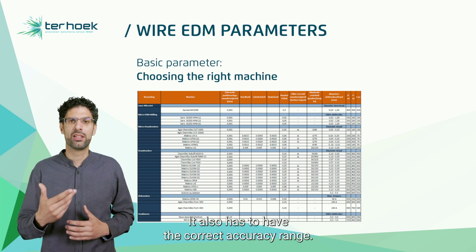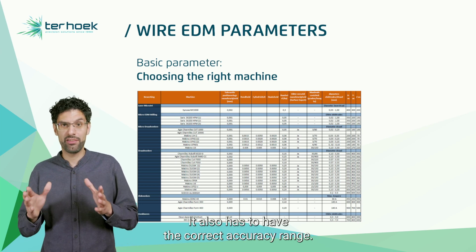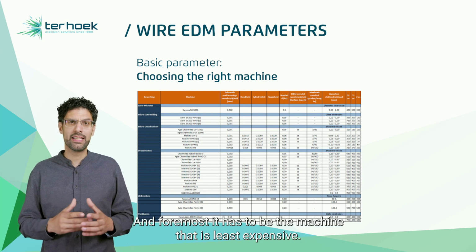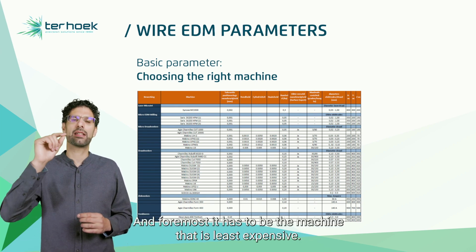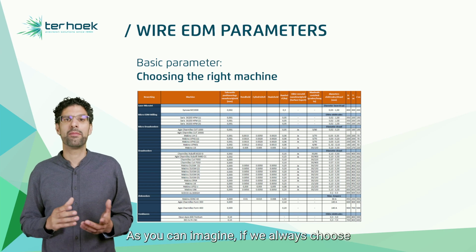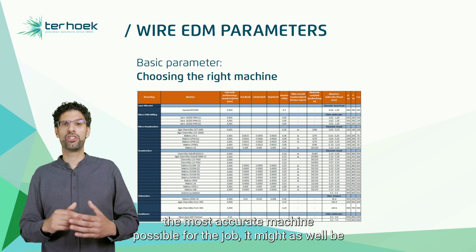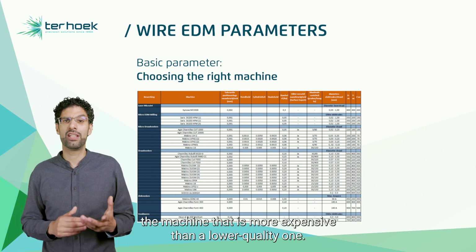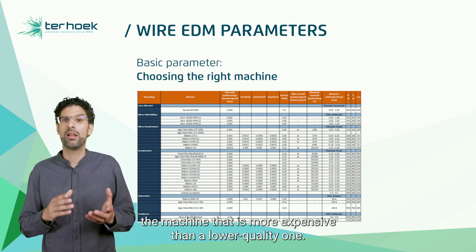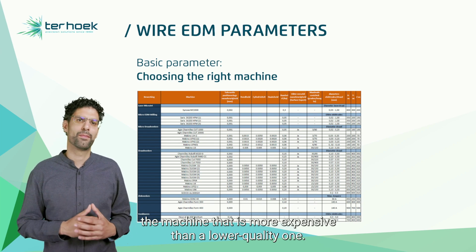It also has to have the correct accuracy range, and foremost, it has to be the machine that is least expensive. As you can imagine, if we always choose the most accurate machine possible for the job, it might well be more expensive than a lower quality one.